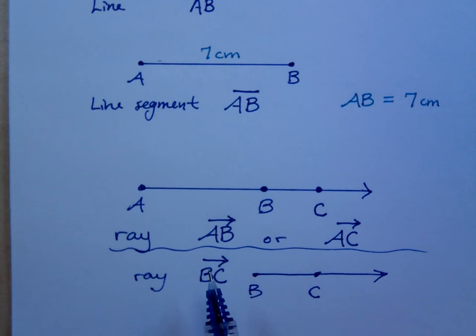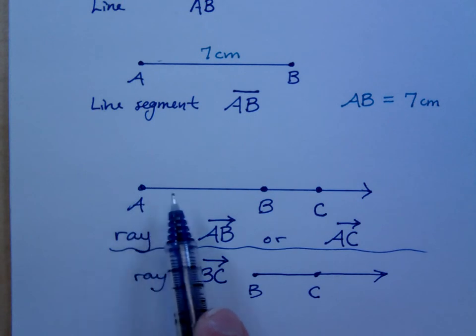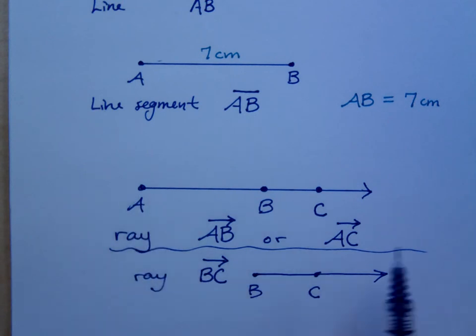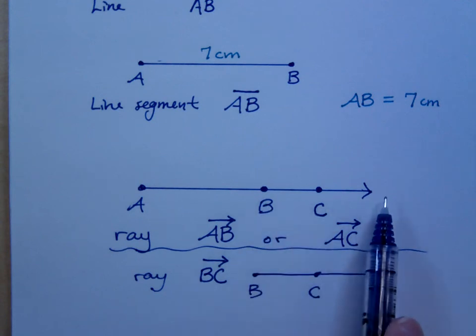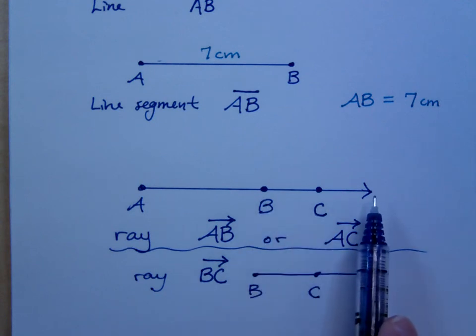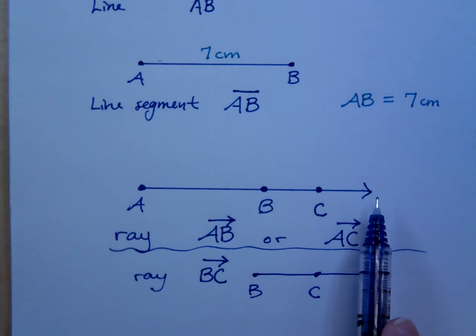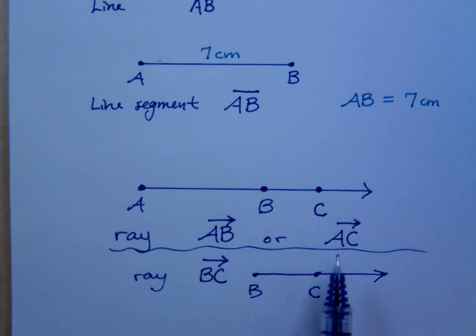So understand that AB and AC represent the same structure, the same construction from A going all the way out to the right. Ray BC is only from B going out to the right. See the difference between those two? They have different endpoints, different starting points.